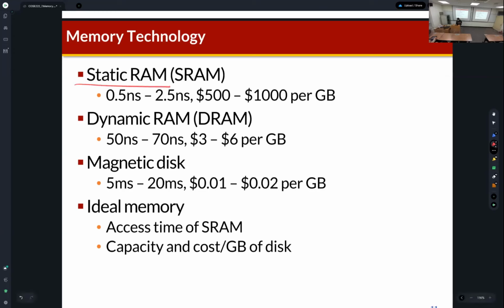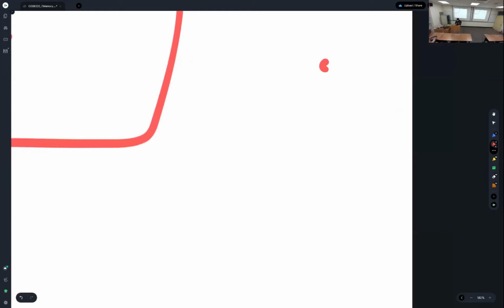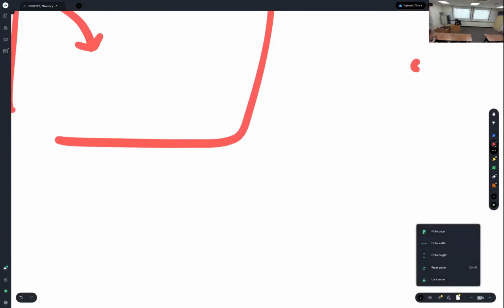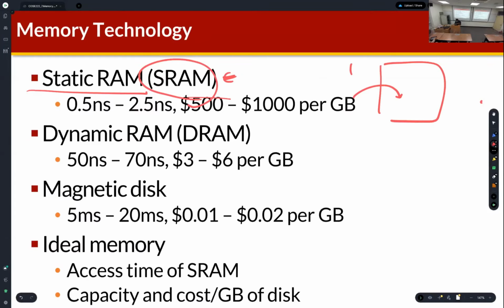Static RAM is called SRAM. The processor includes the SRAM, which means these SRAMs are included in our CPU chip. So the SRAM is very fast.